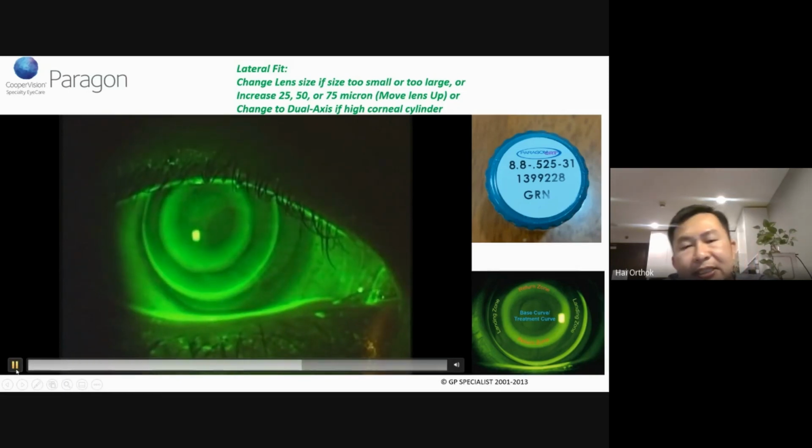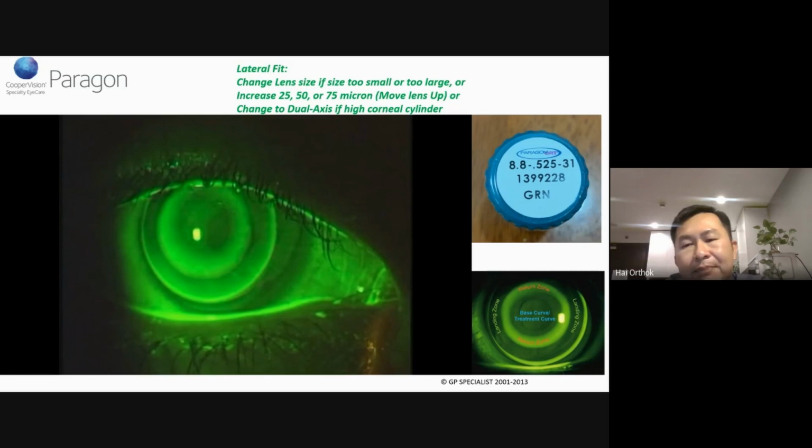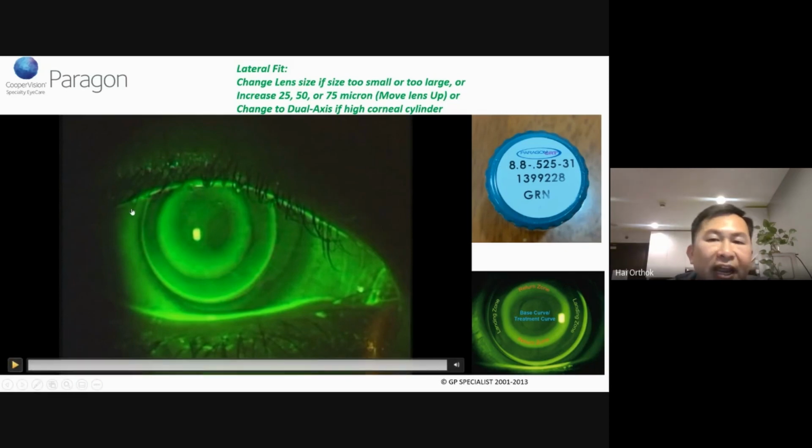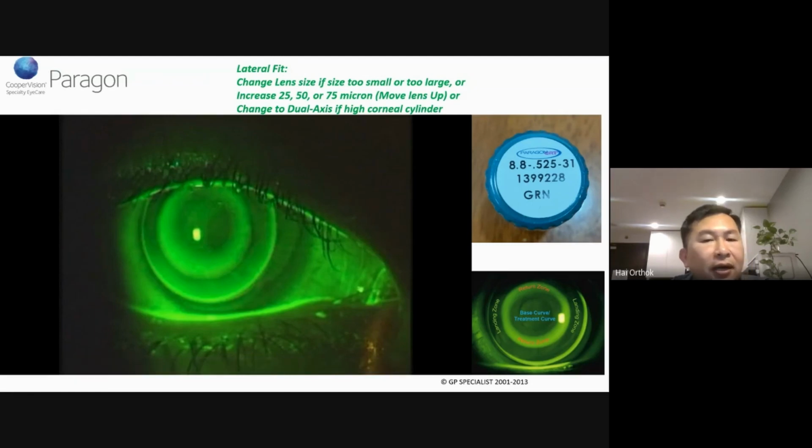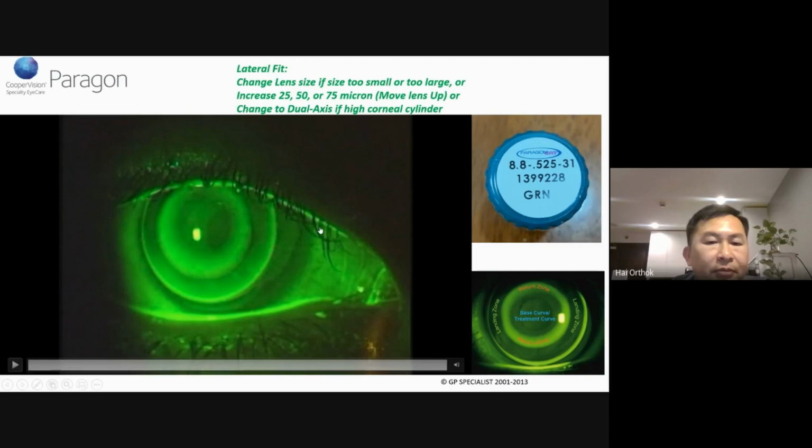So with Paragon CRT or IC lens, we make the lens bigger, and that's all. We have other methods to steepen the lens in order to make centration better, but it's not the critical point of the issue. The problem of this lens is more likely because of the size. So the most common problem is the size, so we fix it first.